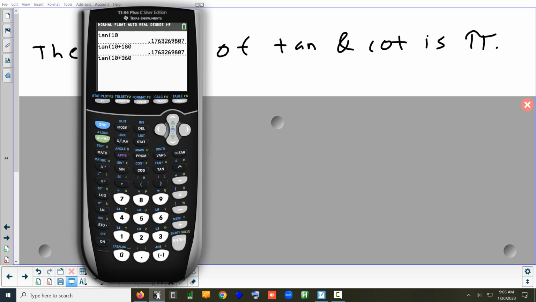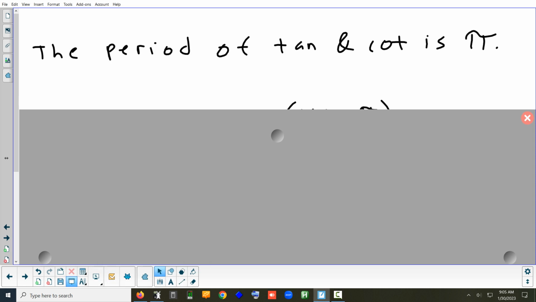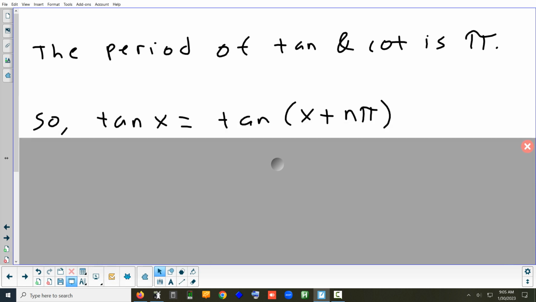Yep. I'm going to get the same thing because I'm looking at the same spot again. Now I'm just 2 cycles down from where I started. So the point to that is you can take the tangent of a number, or you can take the tangent of that number plus any multiple of 180, and you'll get exactly the same thing.